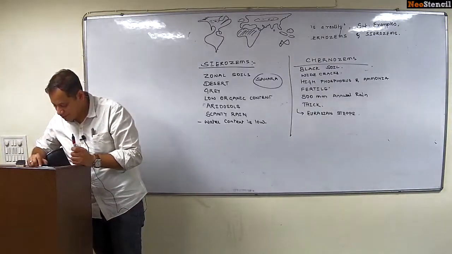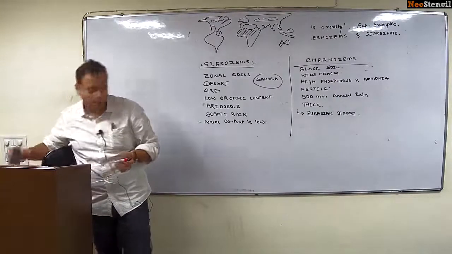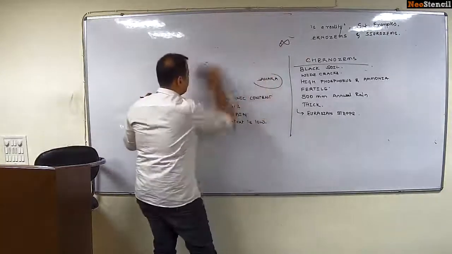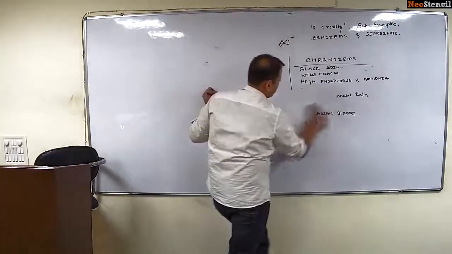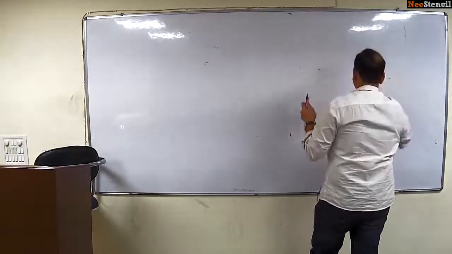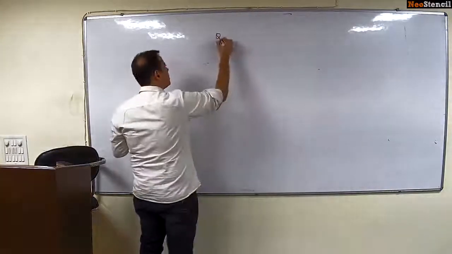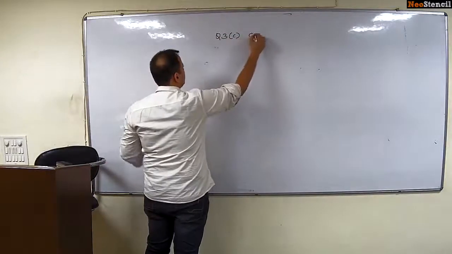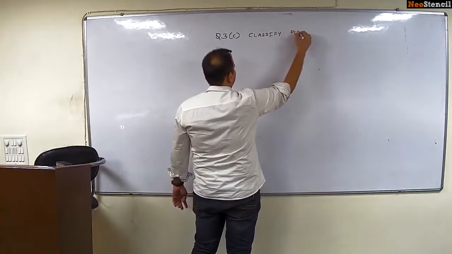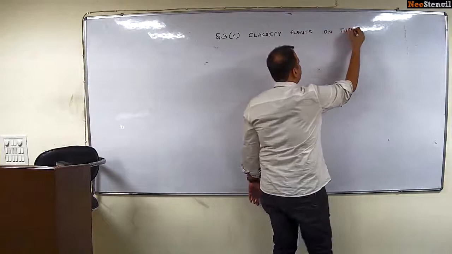is again a straightforward question, question number 3C, classification of plants based on the amount of water requirement. They had asked you a classification of plants.